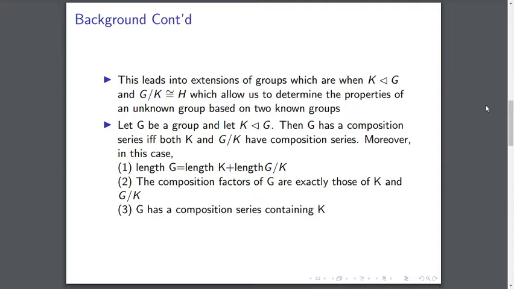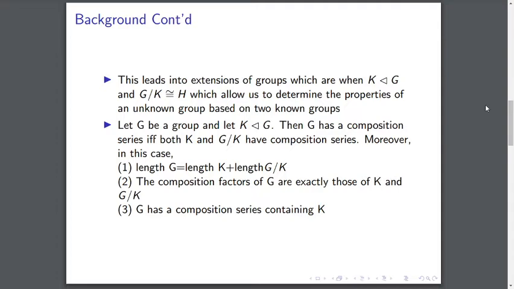Next, we have theorem 9.1.2. Once again, something that just allows us to get a big mess of a group into very simple terms that are well defined. Now, theorem 9.1.2 states, let G be a group and let K be normal in G. Then G has a composition series if and only if both K and G divided by K have composition series.